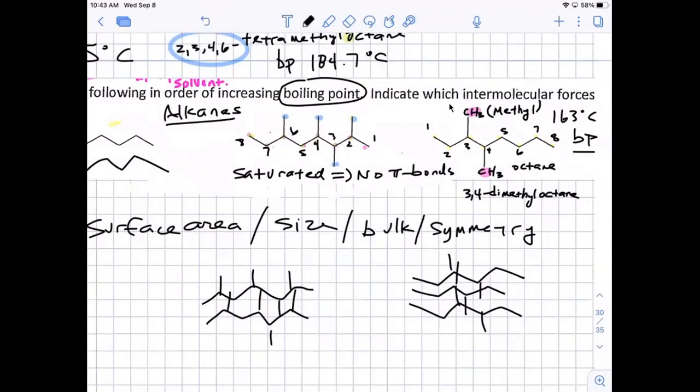And that's probably due to a little bit of symmetry again with those groups. If you have symmetry, for some reason, it allows those molecules to pack better. And the better packed they are, the more energy it's going to take to move them apart. Now, normally you would think, with those groups and the added steric bulk, that they wouldn't pack well, but that little bit of symmetry between those two carbons allows those molecules to pack just a little bit better. So that's why the boiling point is so much different.